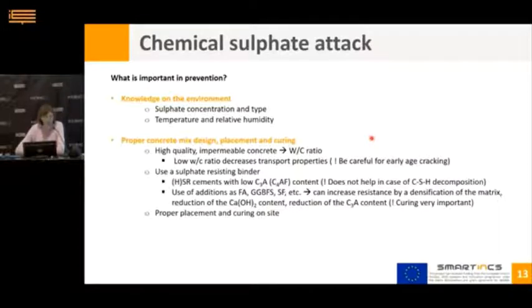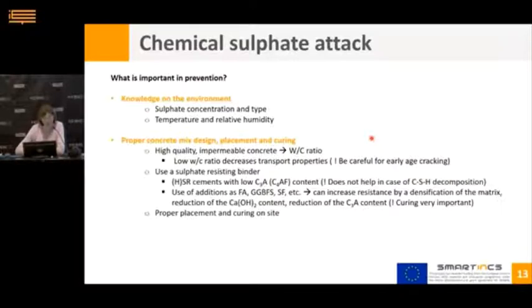They reduce the calcium hydroxide content because of their pozzolanic reactivity, and of course, if the calcium hydroxide content is reduced, the gypsum formation is also reduced. And thirdly, if the binders made with these additions have a reduced C3A content, we of course also come into the high sulfate resisting cements.